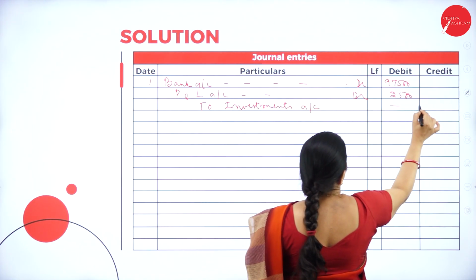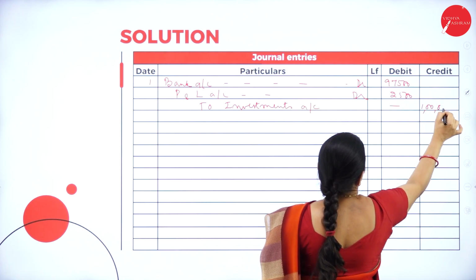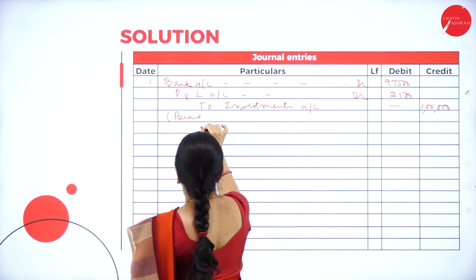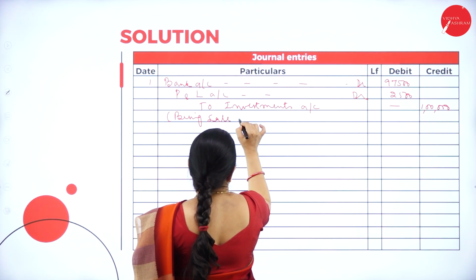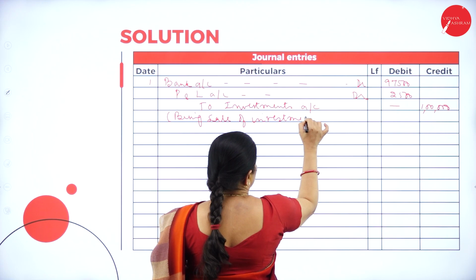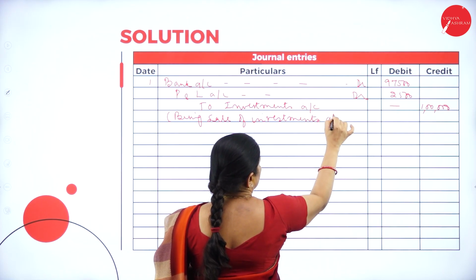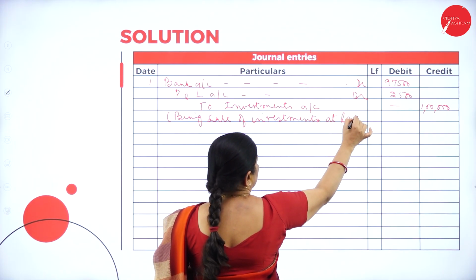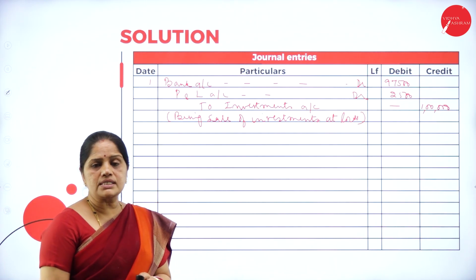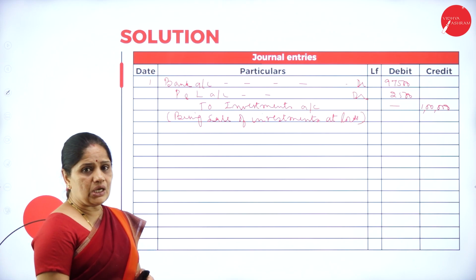To investments account 1 lakh, being sale of investments at a loss. So the investment has been sold at a loss and the loss has been debited to profit and loss account.